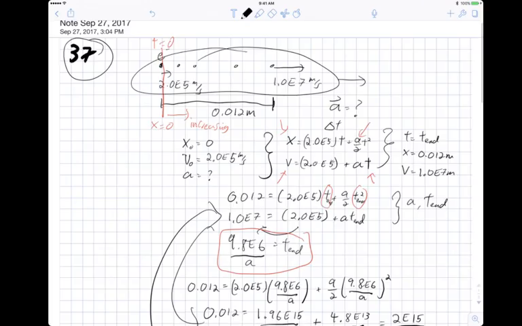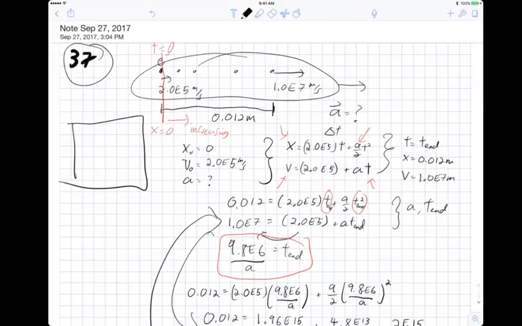I was kind of avoiding it, but instead of these constant acceleration formulas, use the constant acceleration formula 2a delta x is equal to v final squared minus v initial squared, so 1e7 all squared minus 2e5 all squared, divided by 2, divided by 0.012.